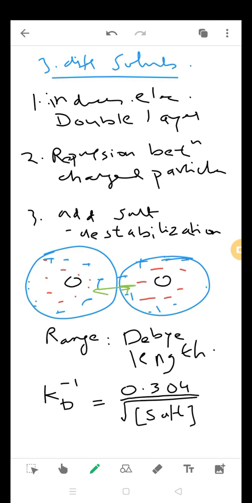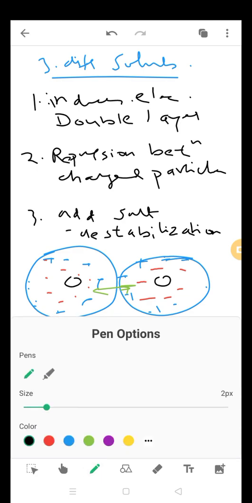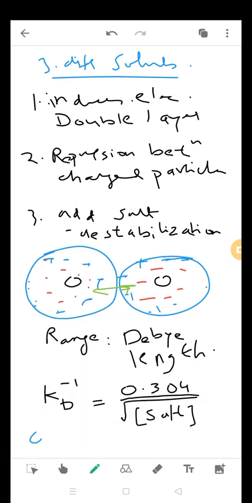So that means if we have 0.1 molar NaCl, for that the Debye length becomes 1 nanometer.